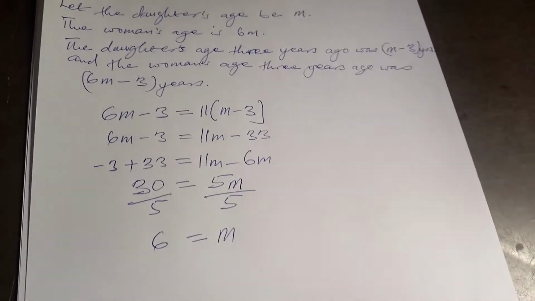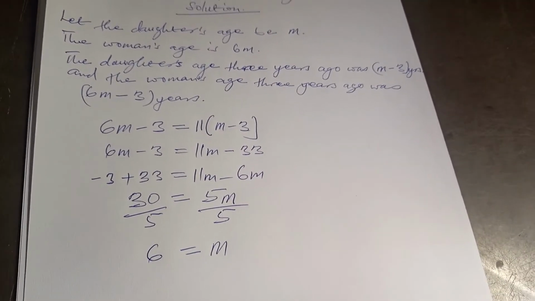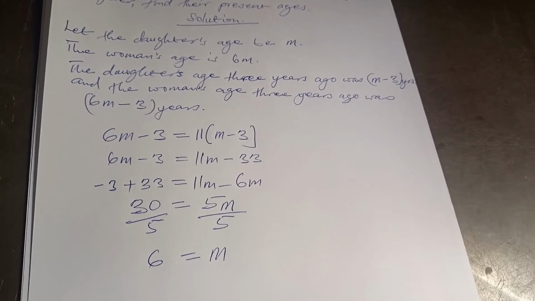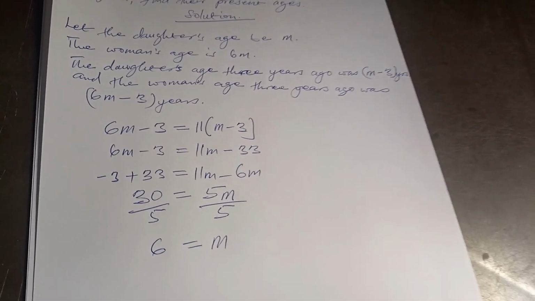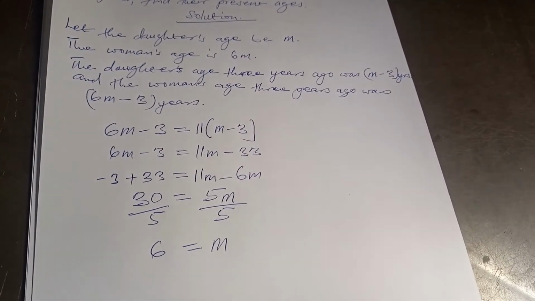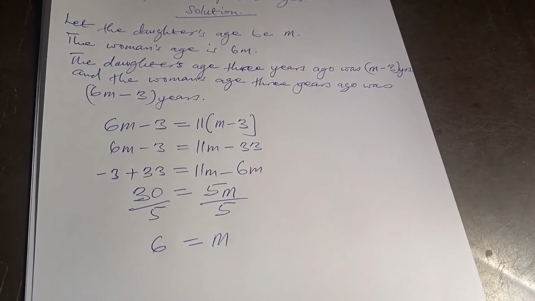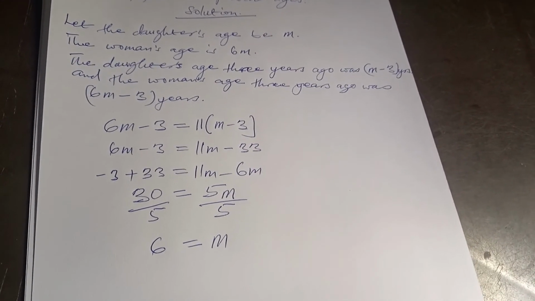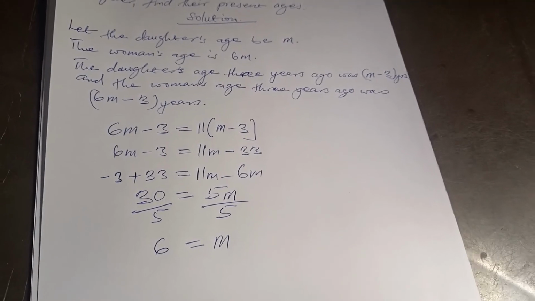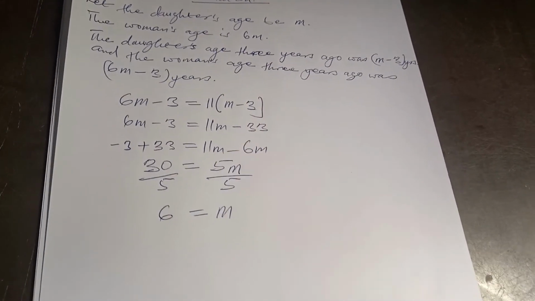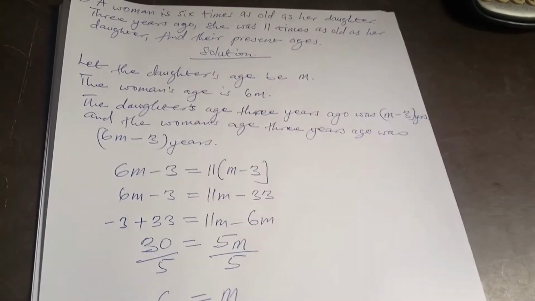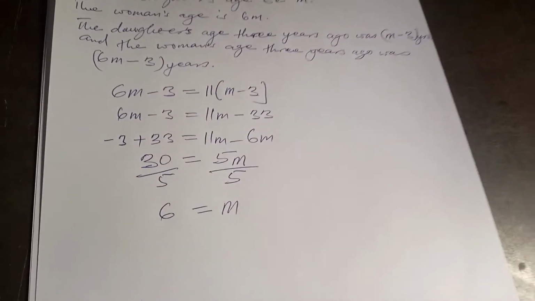And that is not all. So that means that the daughter's age right now is 6 years. And the woman's age will be 6 times 6, so 36 years. So we should conclude, since the question said we should find their present ages.